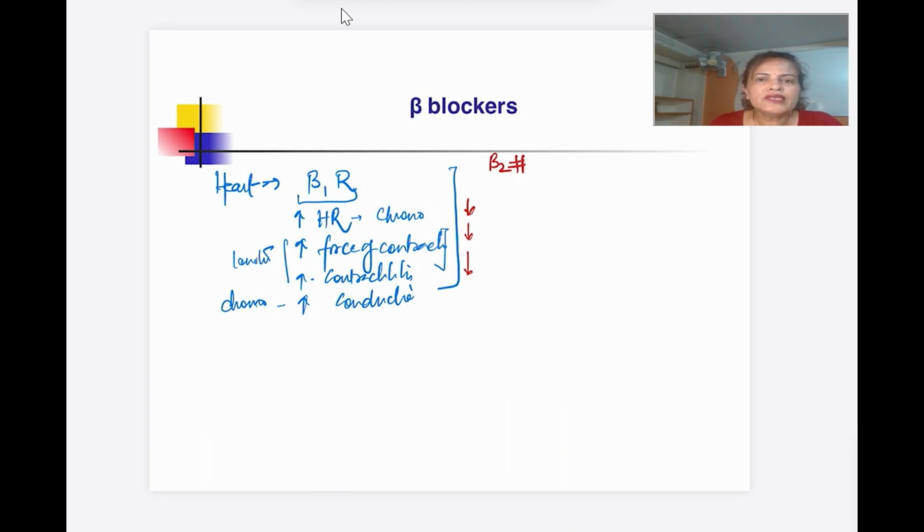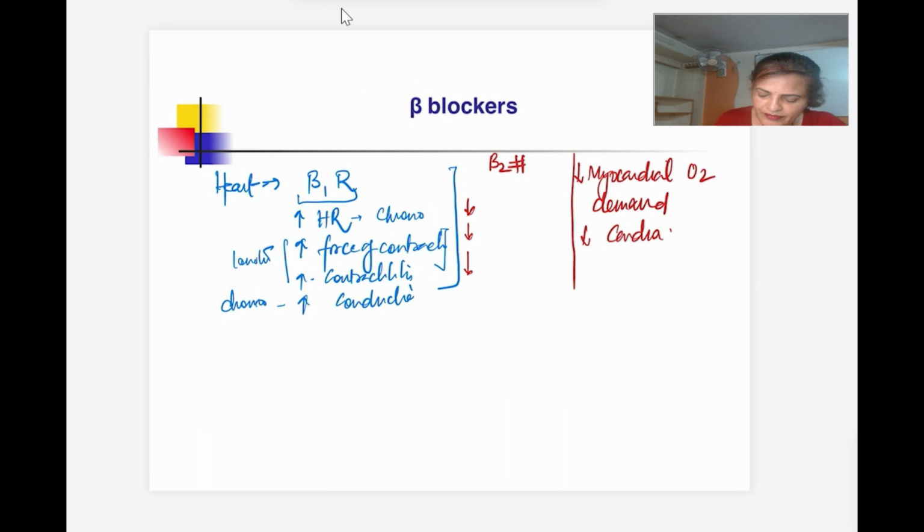With all these, they are going to decrease the myocardial oxygen demand and thus decrease the cardiac work.